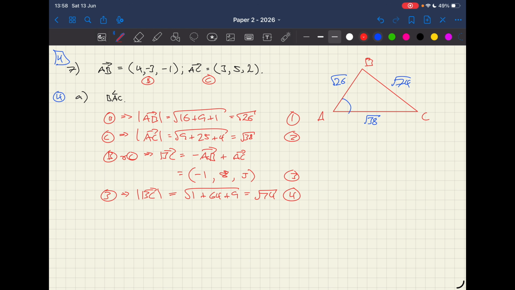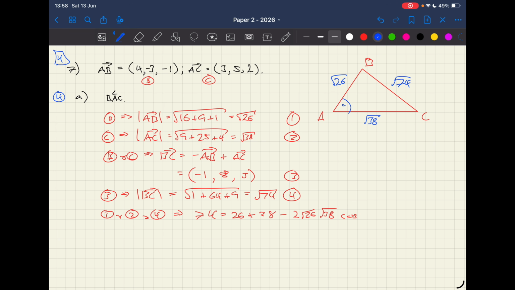So then cosine rule. We're going to take all of these facts. We have fact 1, fact 2, and fact 4. They give us the cosine rule. So a squared, 74, equals b squared, 26, plus the 38, minus 2 times b, which is going to be root 26, times c of root 38, times cos of the angle.